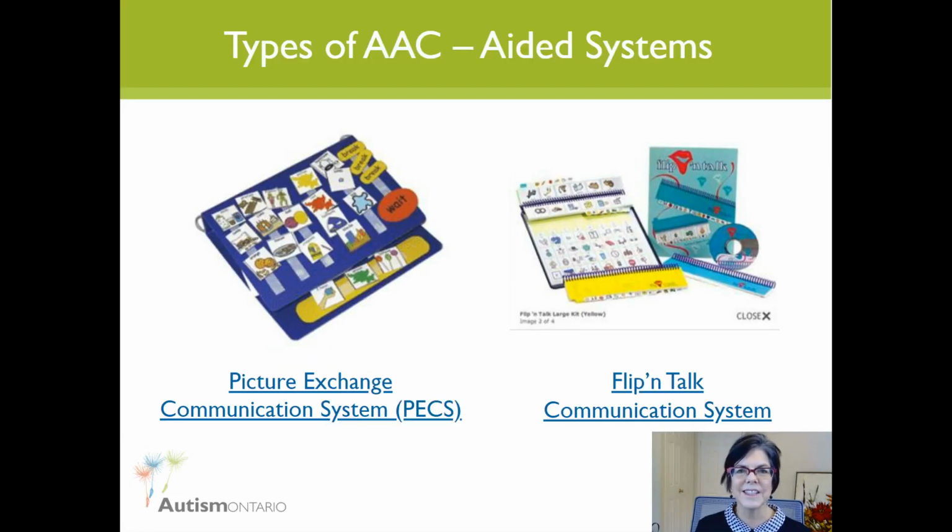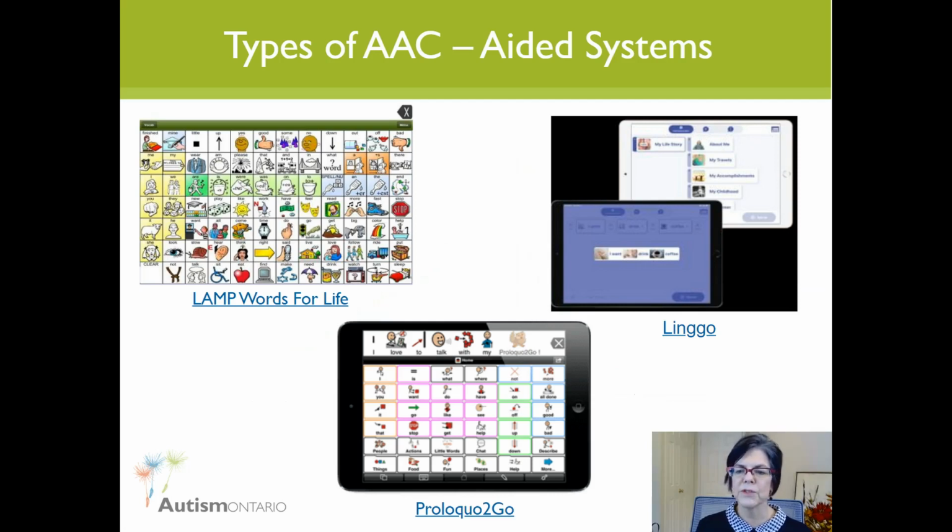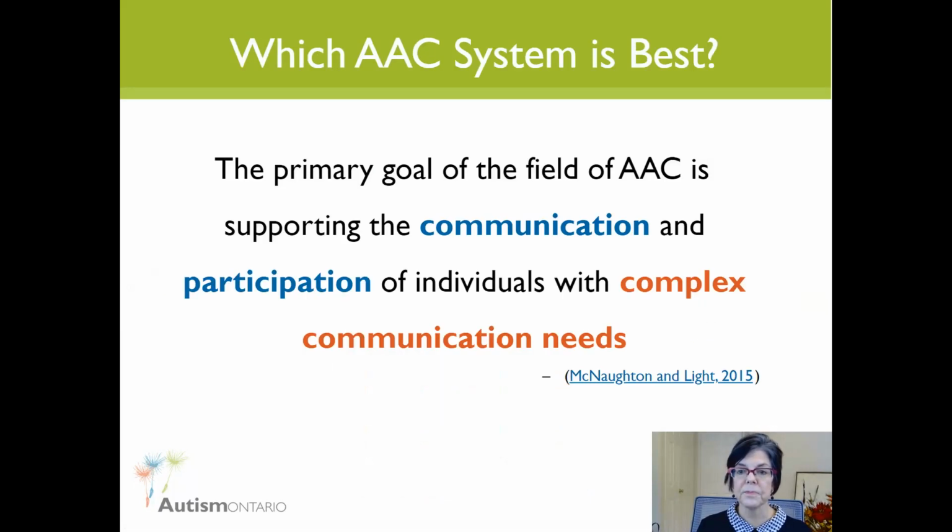And then there's aided systems where you do need materials or tools to assist that method of communicating. So very familiar ones are picture exchange communication system, things like Flip and Talk, and there's others such as LAMP Words for Life, Proloquo2Go, and Lingo. So there's a lot of different types of AAC systems where you need pictures or technology, actual electronics.